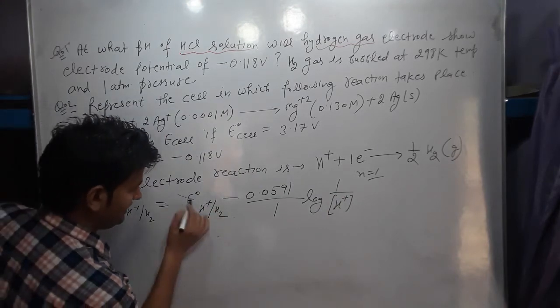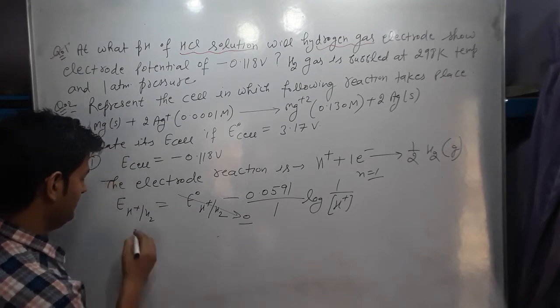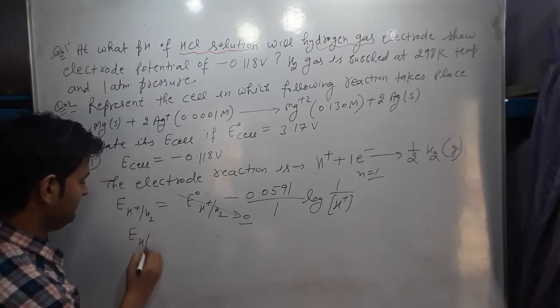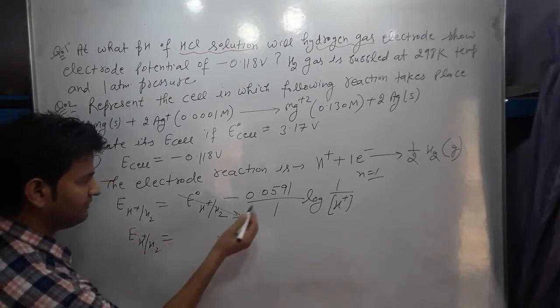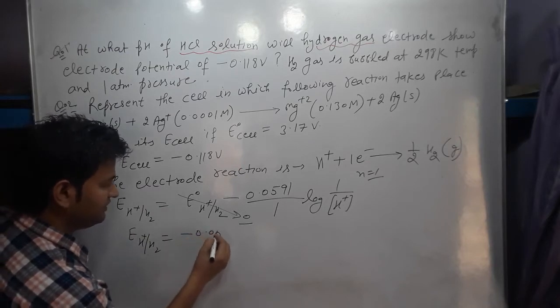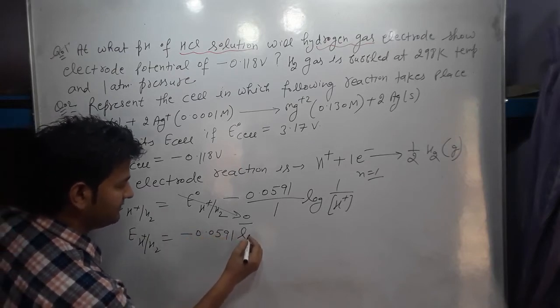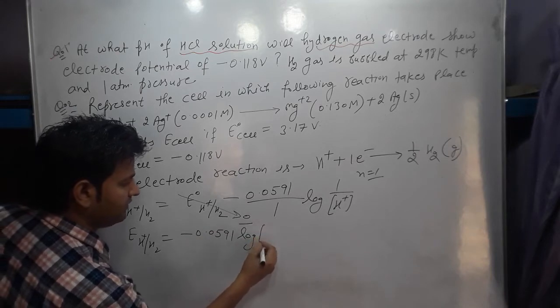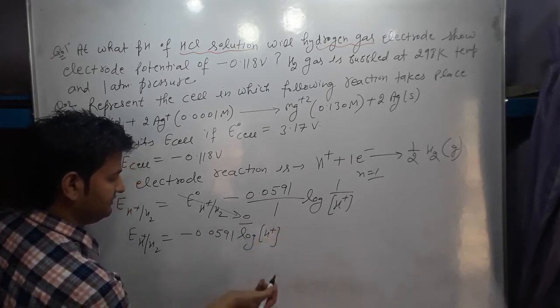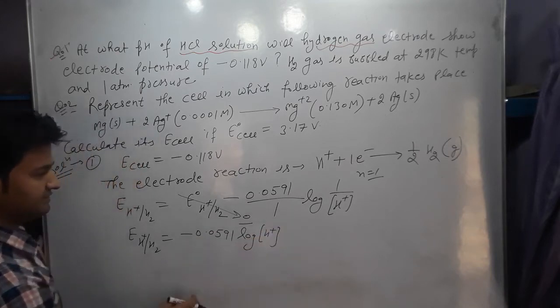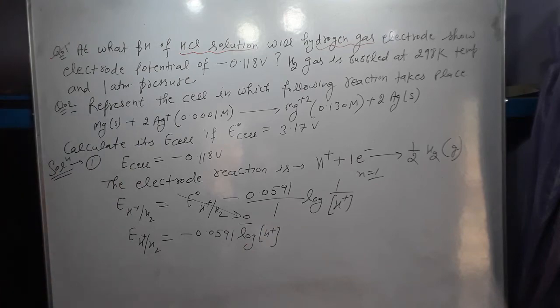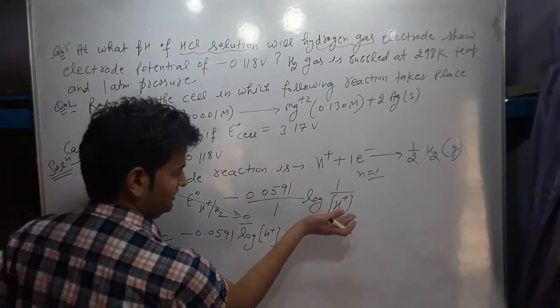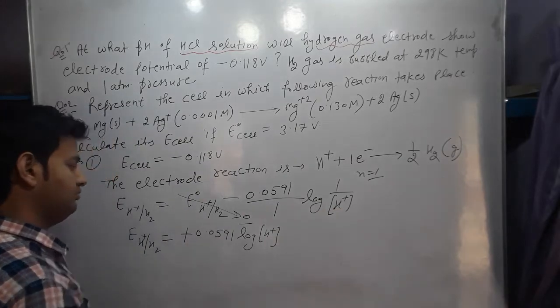Standard EMF for hydrogen is taken as 0. So the EMF of H plus to H2 will be equal to minus 0.0591 log of 1 over H plus ion concentration. If it is minus, we can take it in the positive direction, since denominator to numerator makes it positive.